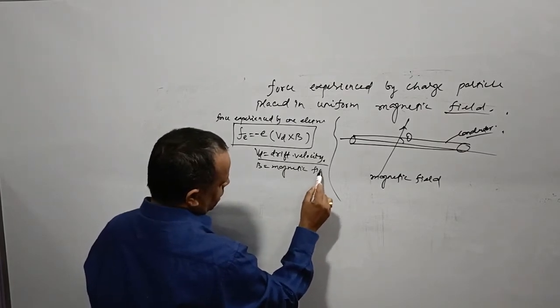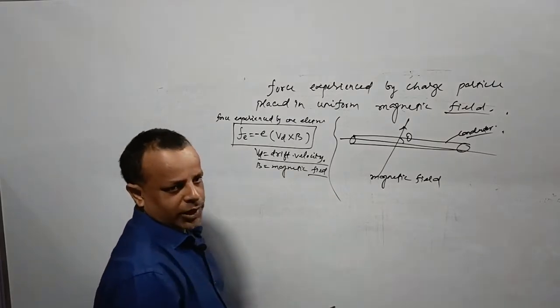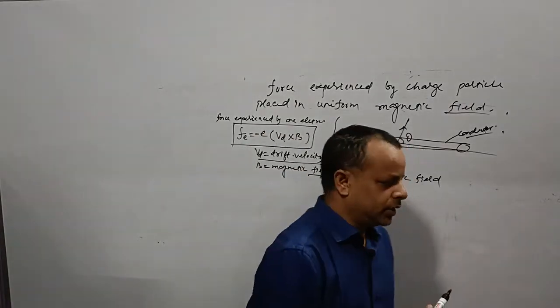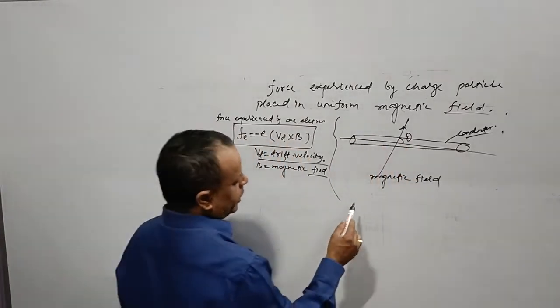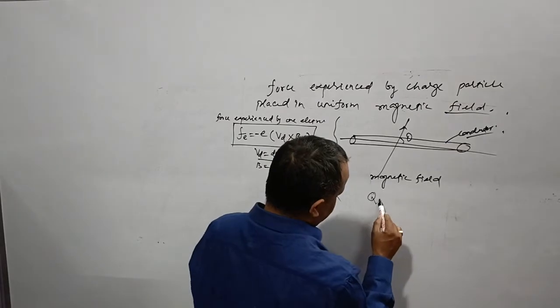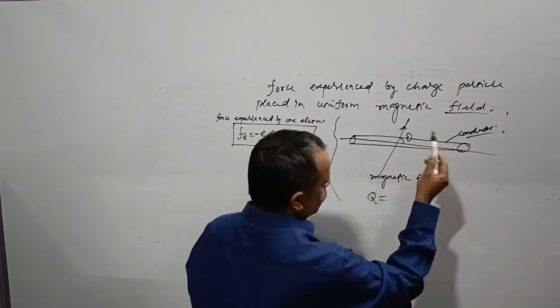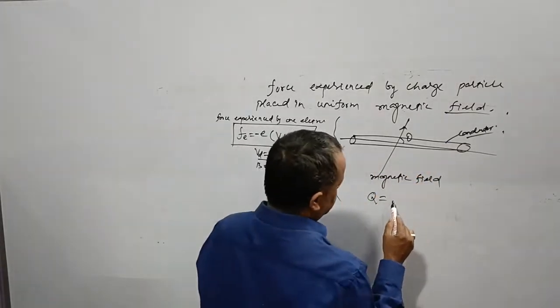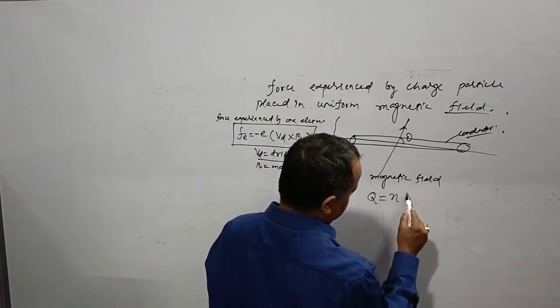In a conductor there is not only one electron. It contains a large number of electrons. So the total charge contributed by all these electrons will be equal to n A L e.